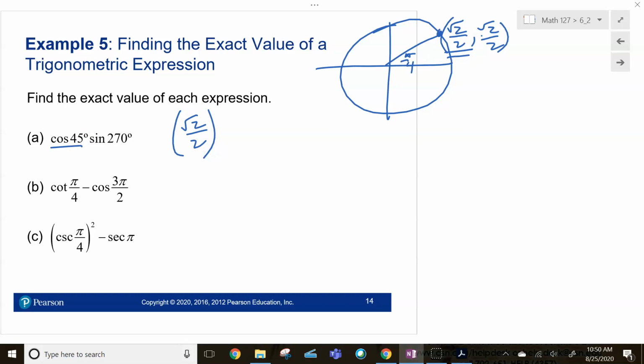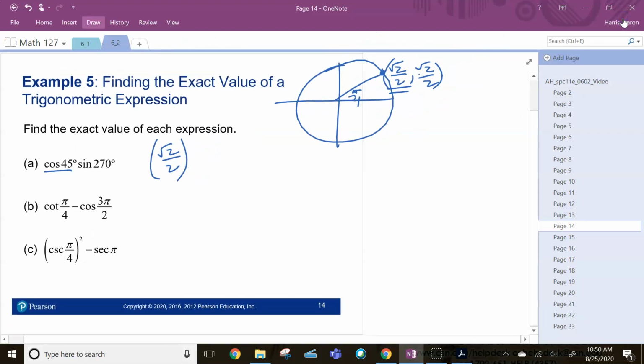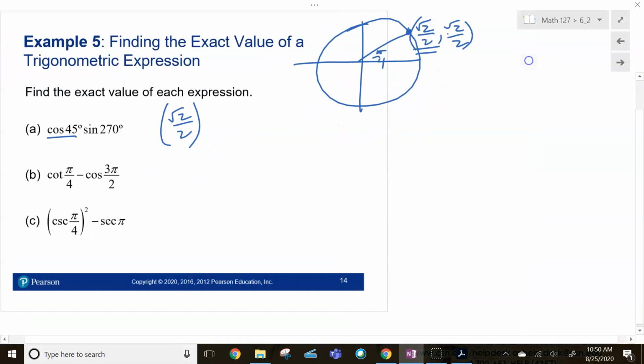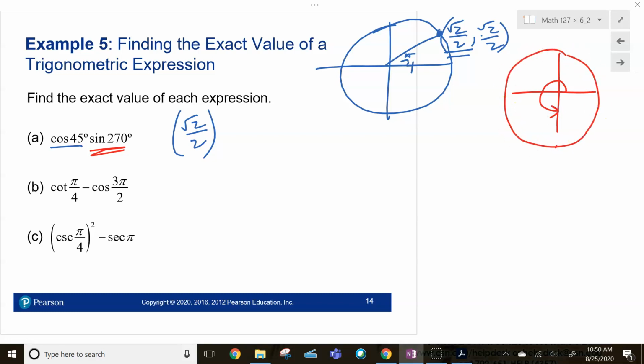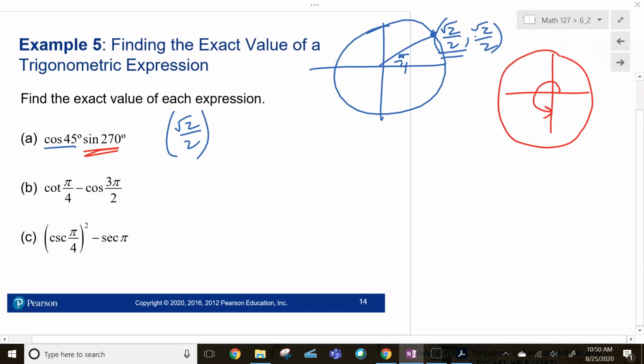And now I'm multiplying it by the sine of 270. So I go on my unit circle and rotate 3 pi halves, 270 degrees. So I'm right here, 0, negative 1. That's where I end up.